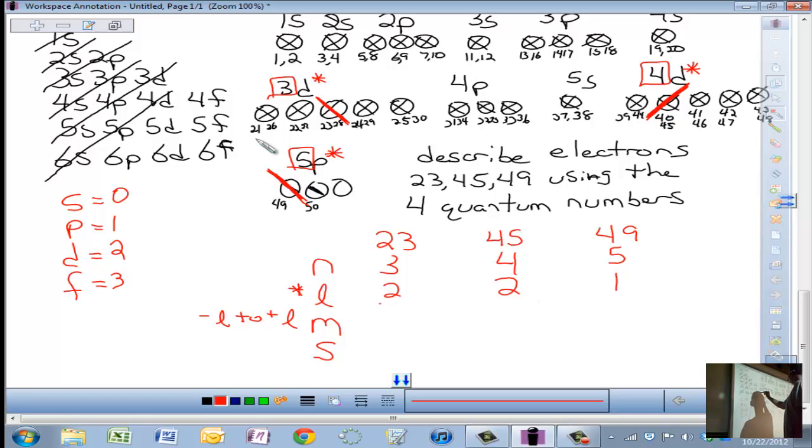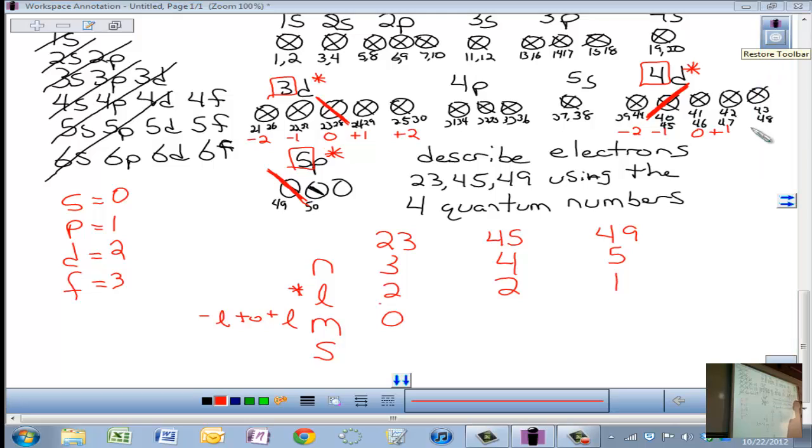So basically we're saying here, negative 2, negative 1, 0, positive 1, positive 2. Now look where my red line is. It corresponds to the orbital that has a 0 value.